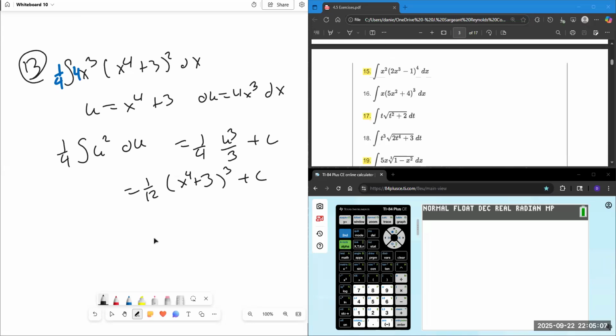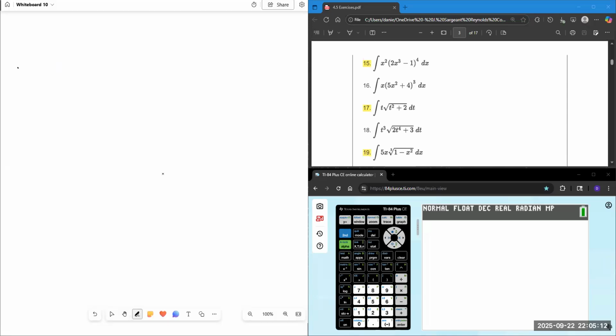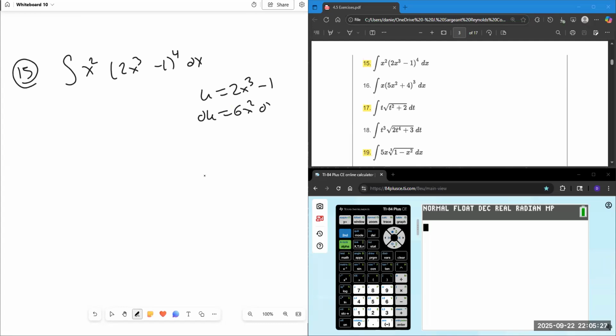Let's move on to number 15. 15 says the integral of x squared times (2x cubed minus 1) raised to the fourth dx. u is my inner function of 2x cubed minus 1. du is 6x squared dx.